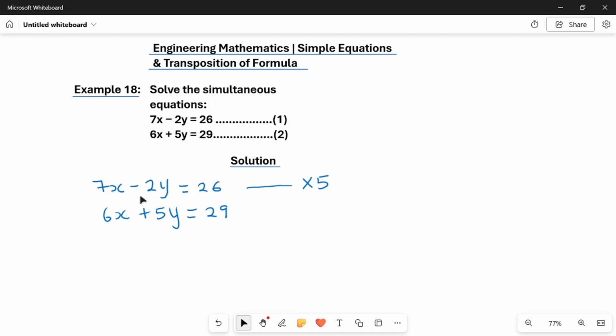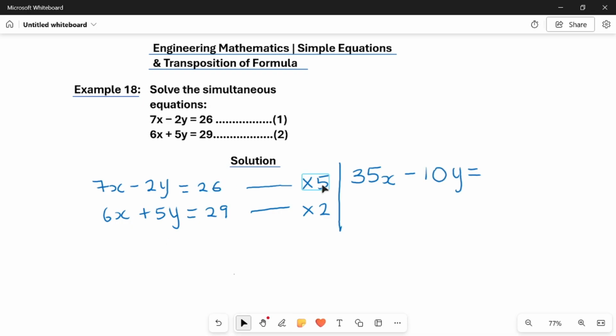And we'll have that equation 2 will multiply the coefficient of y here, that's 2, which will now be times 2. So if we do that, 5 times 7x will be 35x. Then minus 2y times 5 will be minus 10y.